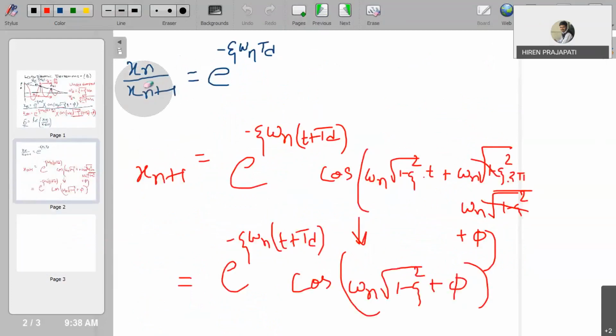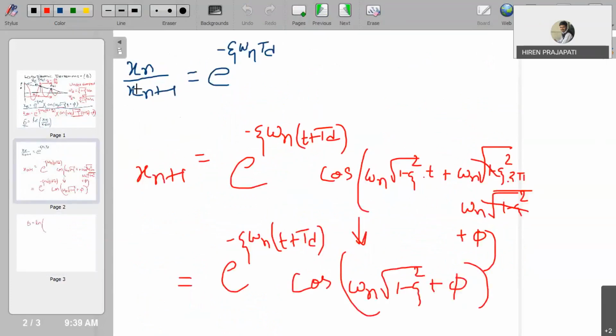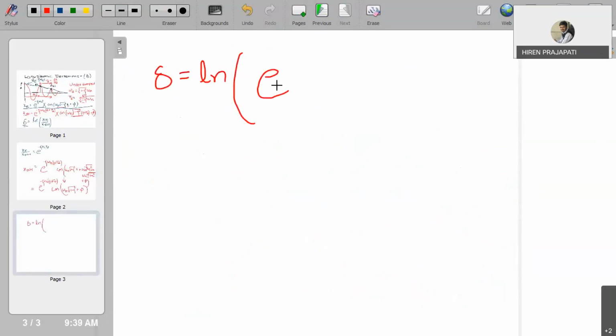So this x by x n plus 1 is this value, which we now take as a natural log, and then we get delta, which is the logarithmic decrement, ln of x n by x n plus 1, that is e to the power minus zeta omega n into td, right?